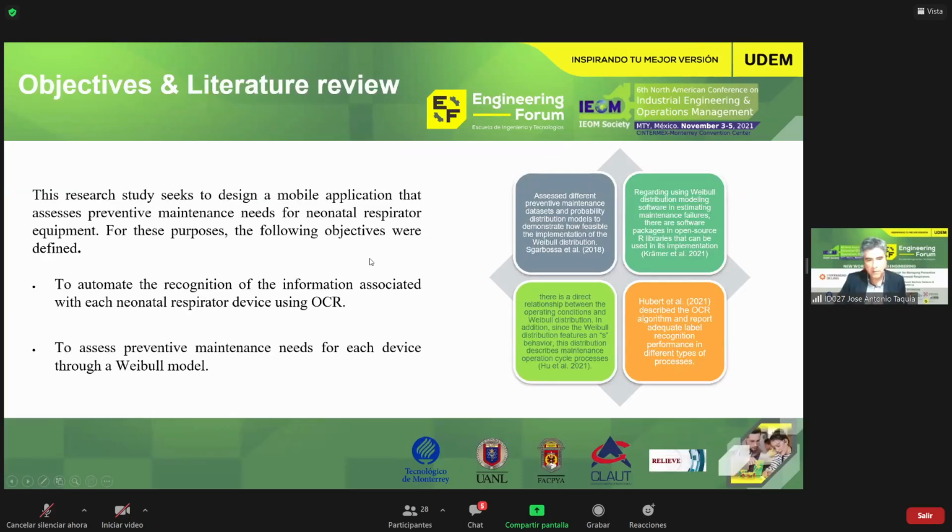The objectives of this paper were to automate the recognition of the information associated with the device using optical character recognition, and to get a model to support the decision to apply maintenance or not. In our state-of-the-art review, we focus on the Weibull model distribution.